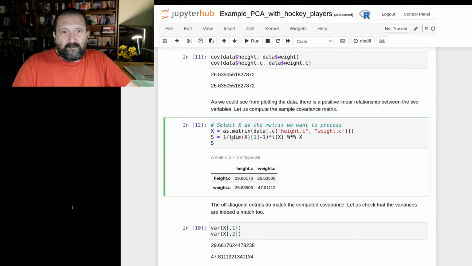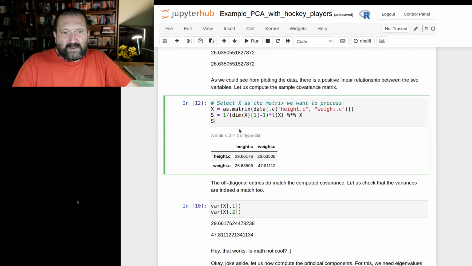Now, you'll recall that the covariance matrix we can get by looking at this matrix here.